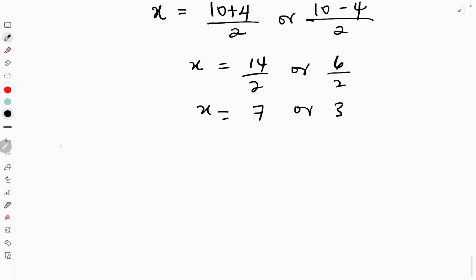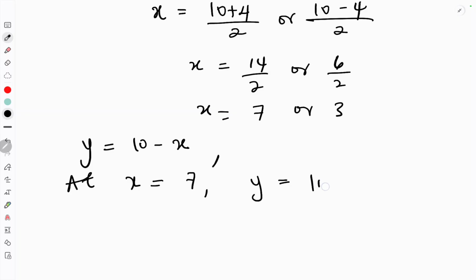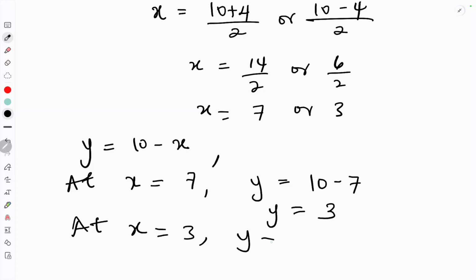So you can now see, we know that y is equal to 10 minus x. So at x equal to 7, y will be equal to 10 minus 7, and 10 minus 7 is 3. Then at x equal to 3, you have y equal to 10 minus 3.